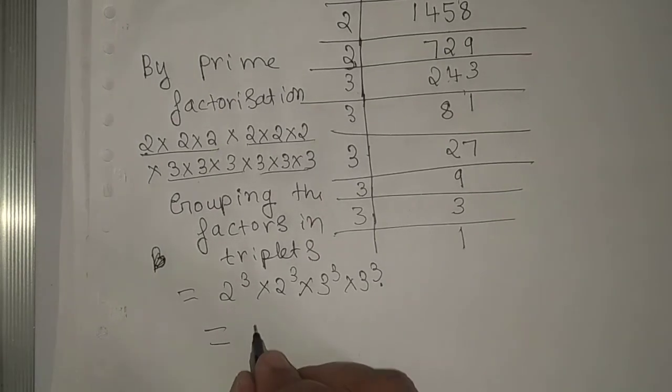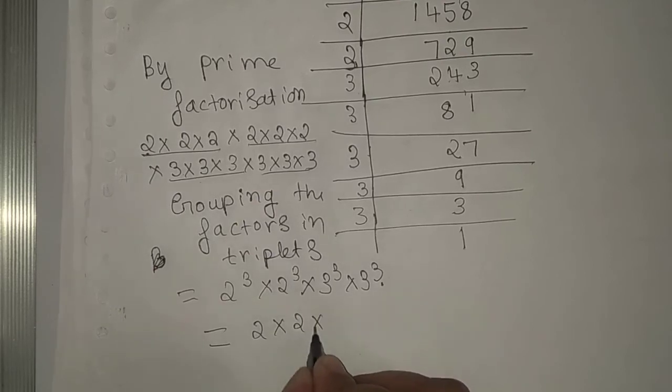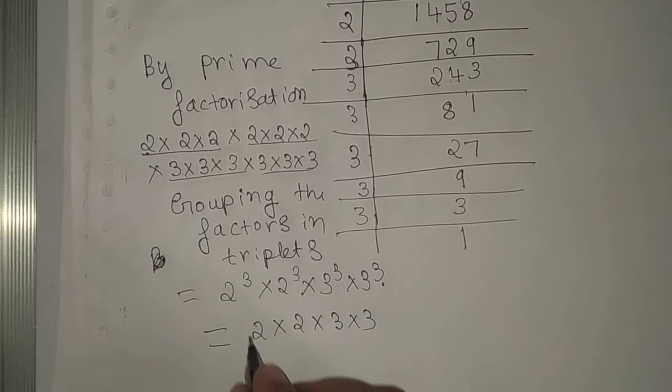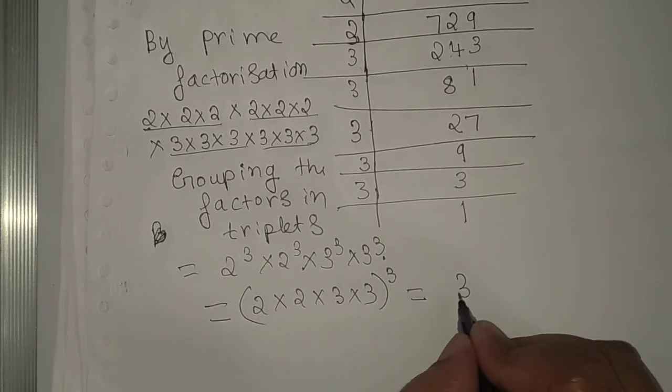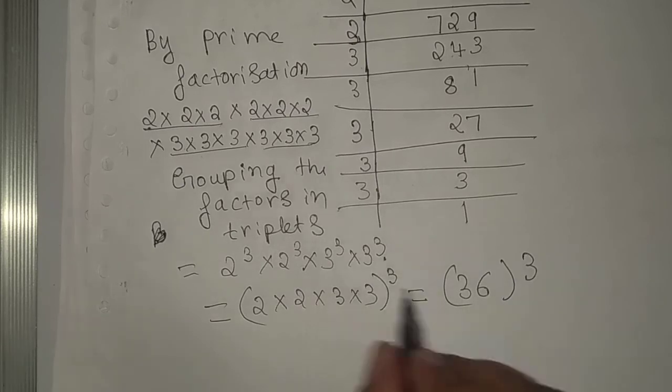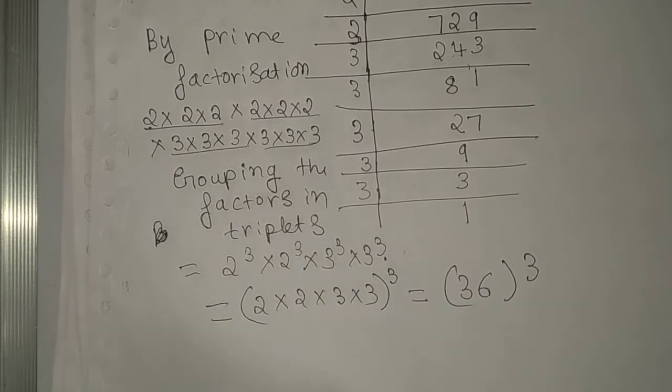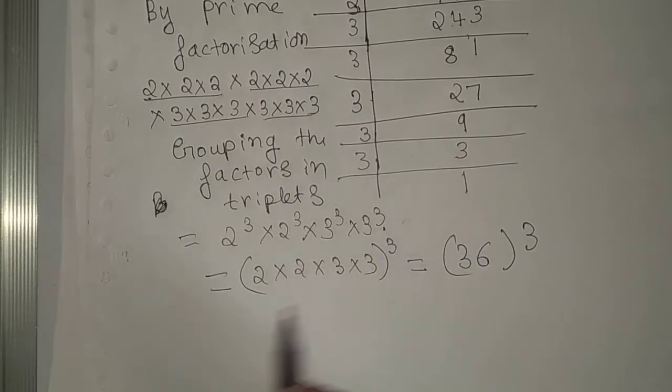By applying that rule we can write 2 into 2 into 3 into 3, the whole cube, which is equal to 36 cube. Applying the laws of exponents rule.